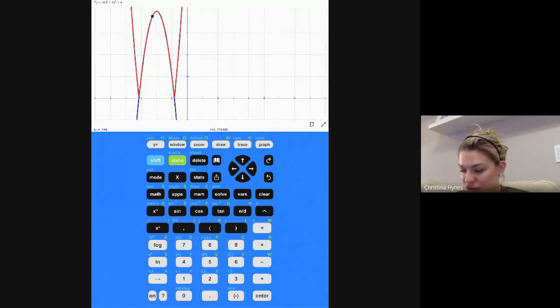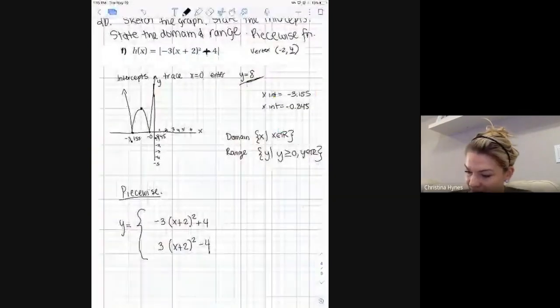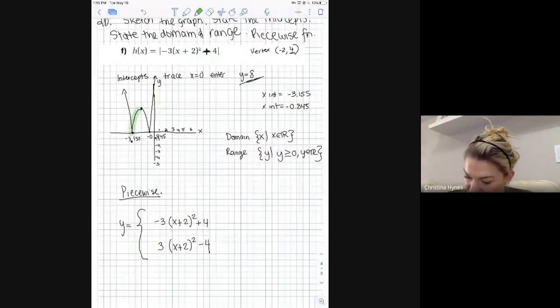So for the first equation, this in-between part is represented by this always. x is greater than -3.155, but less than the next x-intercept, which is 0.845.